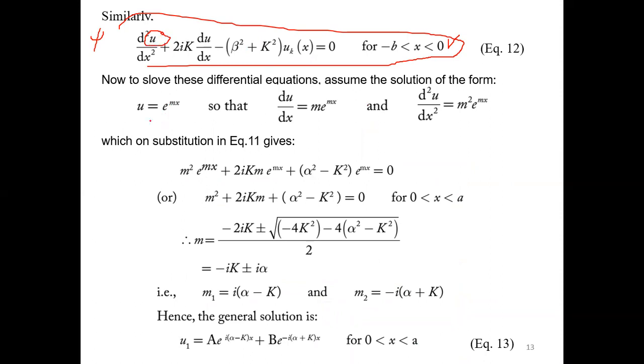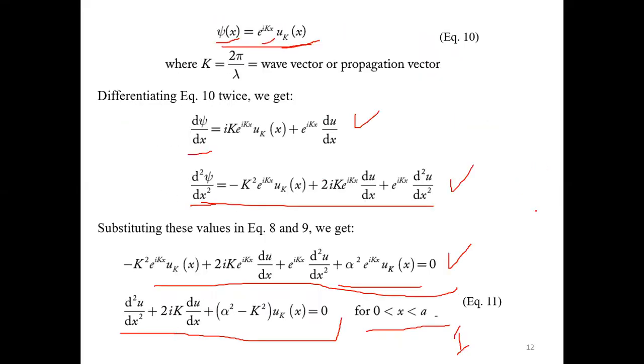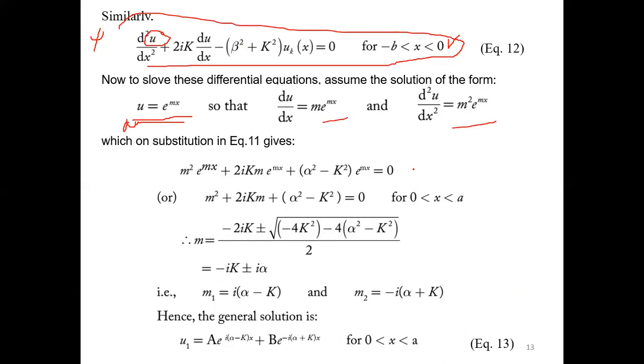So in this case, we will choose u equal to e to the power mx. Again you will differentiate: du dx will be this one, and d squared u dx squared will be this one. Then substitute the values of du dx and d squared u dx squared in equation number 11 and equation number 12.